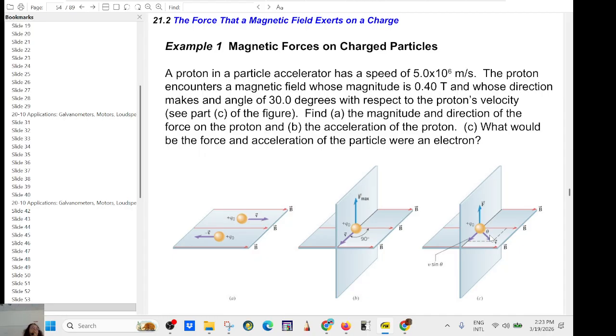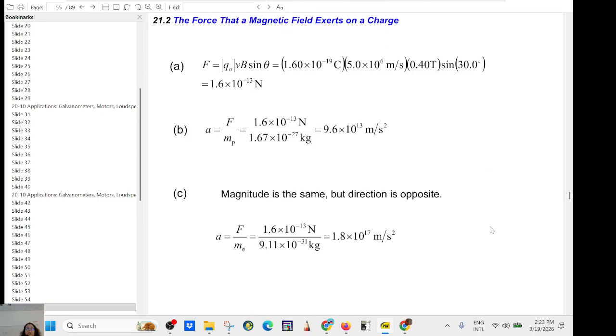It comes from your book, by the way. Did you do it or are you spacing out? Okay. So that will be for the last case, right? Q times V times B times the sine of the angle between V and B, and you get this. Any question?